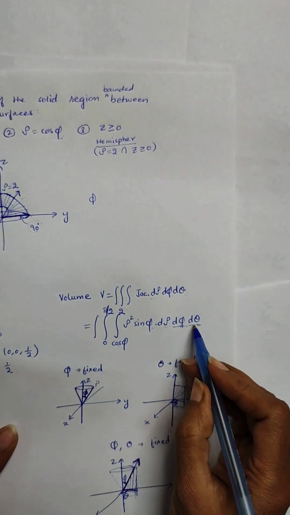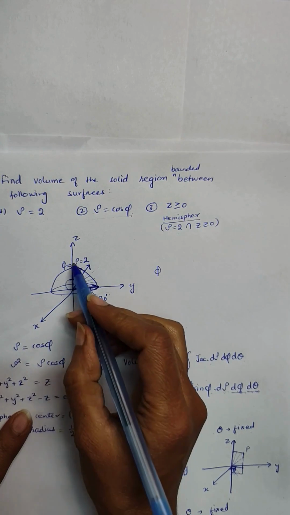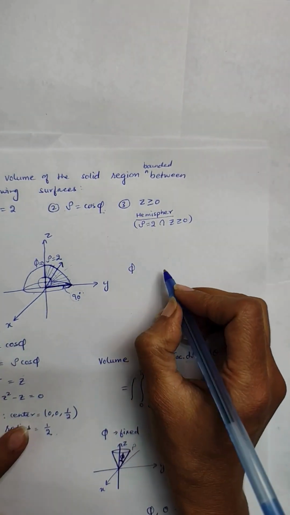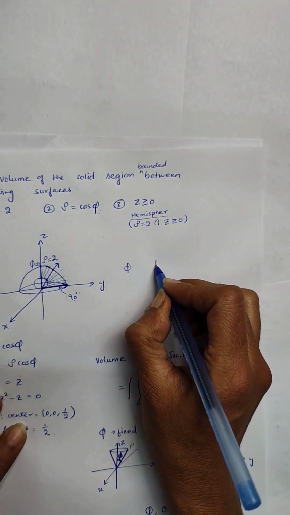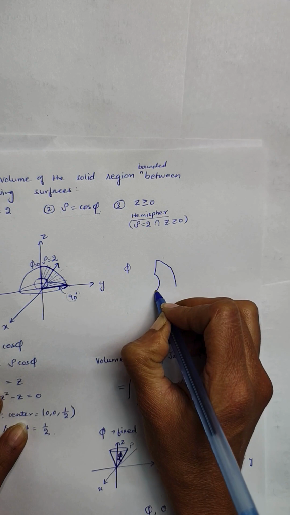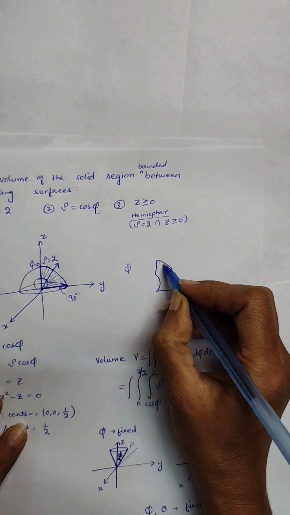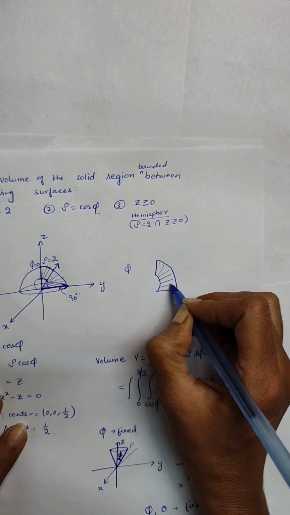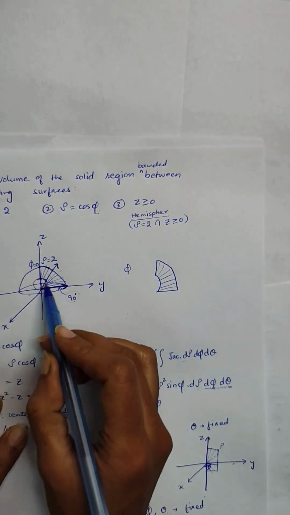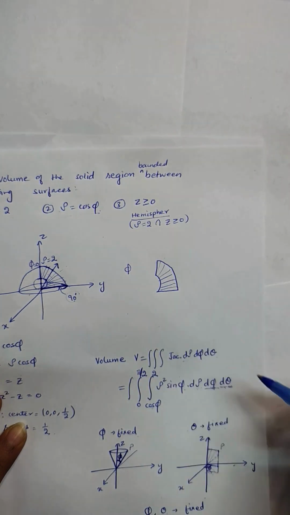Now to find the limit of integration with respect to theta, let's pick up this patch. So far we have covered this patch inside the region of integration. Now we want to find the limit of theta.